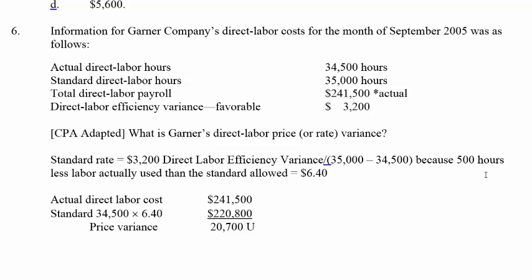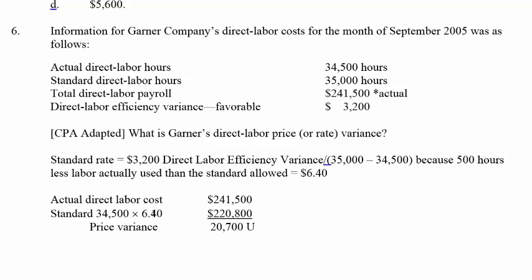So 500 hours less were used. 500 hours can therefore be divided into the 3,200 to be able to calculate the fact that our standard hourly rate was $6.40. $6.40 per labor hour is what we expected to have paid.